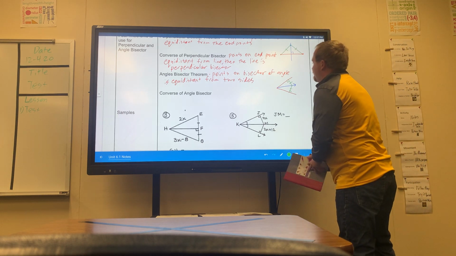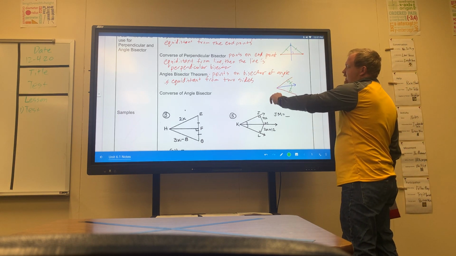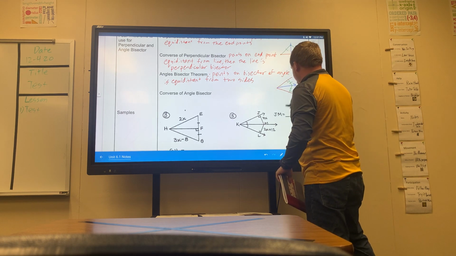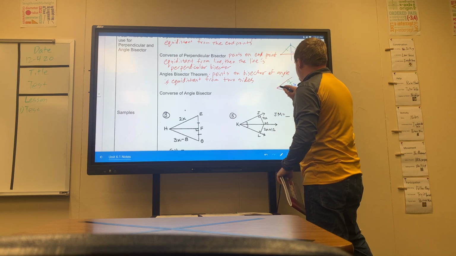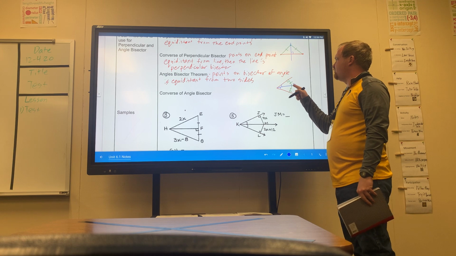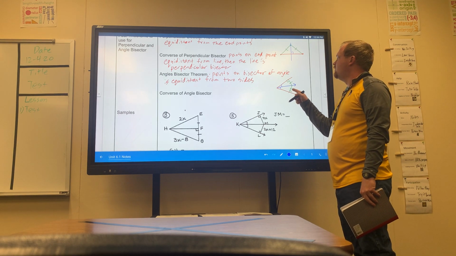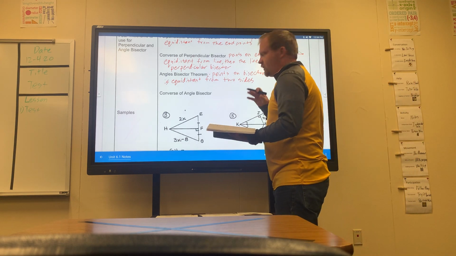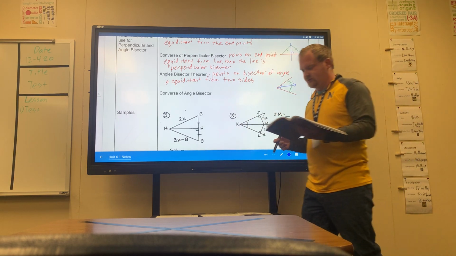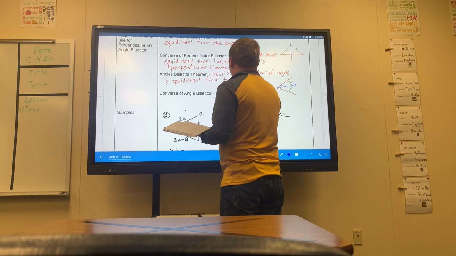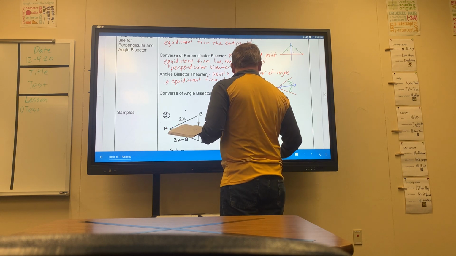So just to recap, the angle here in red is my angle. Blue is my angle bisector. So these are congruent. But the distance from the angle bisector to a side are equal distance from each other. Now the converse of it, again, it's just the opposite.